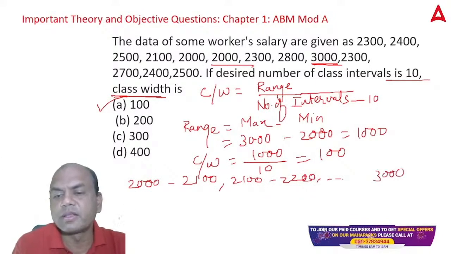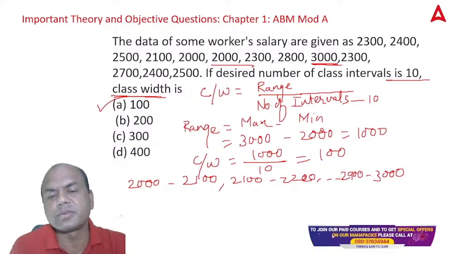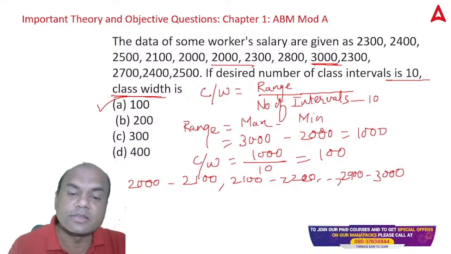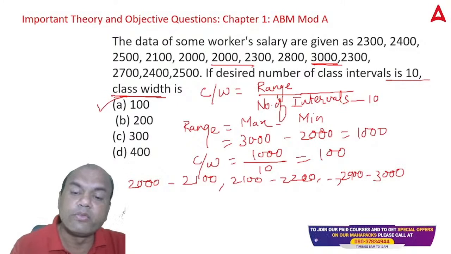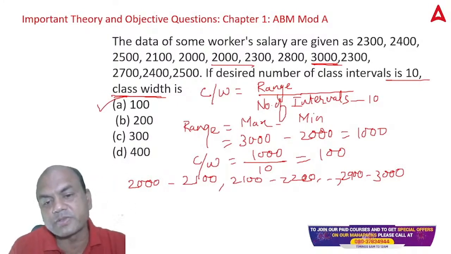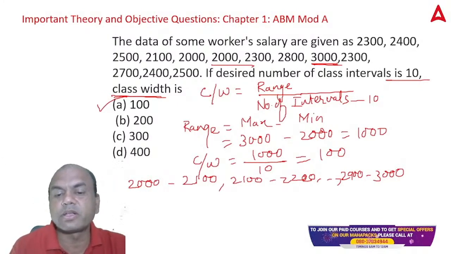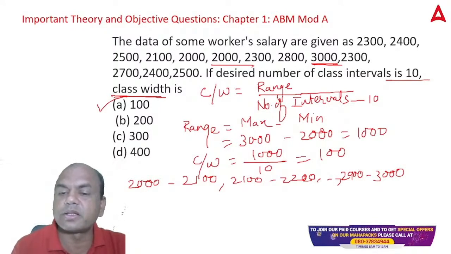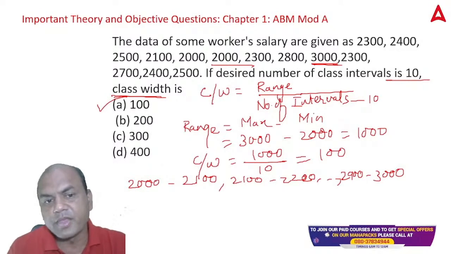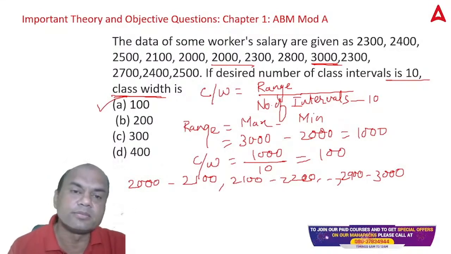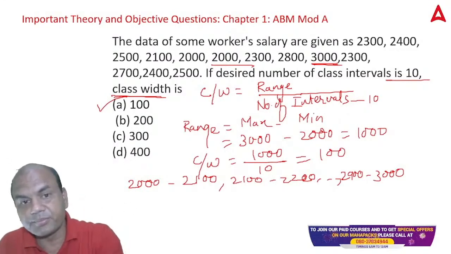The last class will be 2900 to 3000, right? So this is the meaning of width. Now you check the difference between each one: 2200 minus 2100, 3000 minus 2900, 2100 minus 2000. So width will always remain the same. So this is 100.